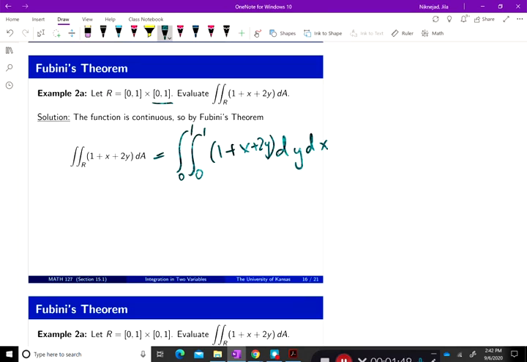So what you do is identify the inner integral and evaluate it. When you're evaluating the inner integral, it's with respect to y, therefore x is going to be a constant.